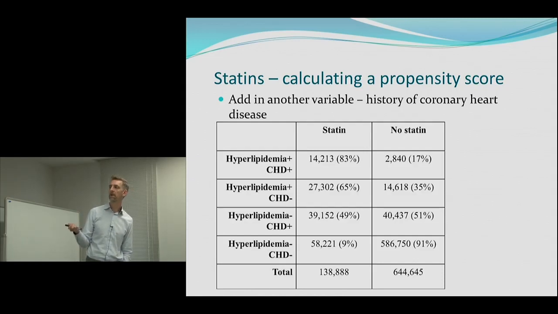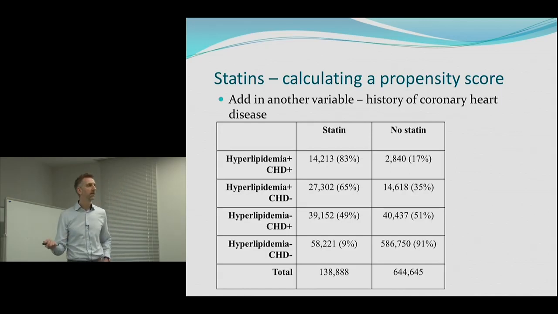Starting off with people who've got both high lipids and coronary heart disease, then people who've just got high lipids but no coronary heart disease, then normal lipids, and then neither high lipids nor coronary heart disease. So it's kind of graded from the sicker people down to the more healthy people down here.